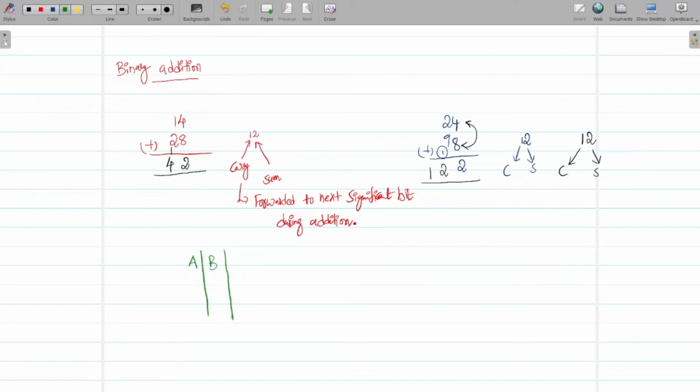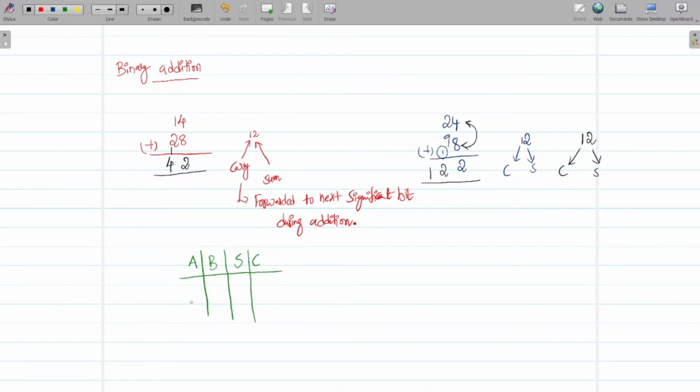I want to add these two bits, and I can get two outputs: one is a sum and another one is a carry. A and B are the binary bits that are to be added. S and C are the outputs. S means sum, C means carry.